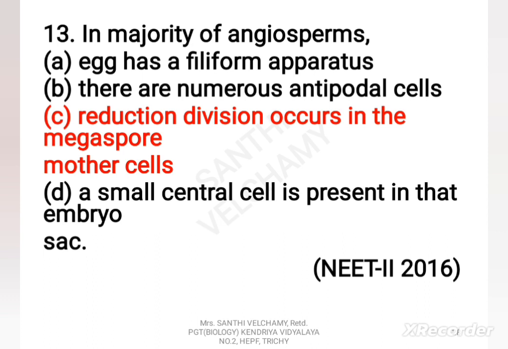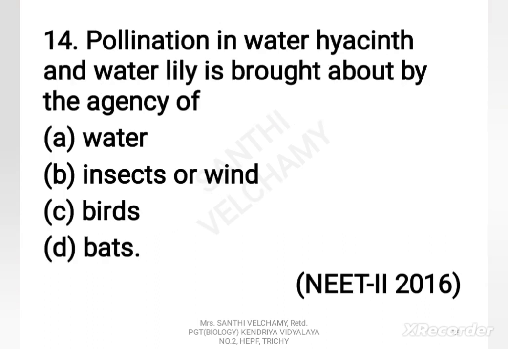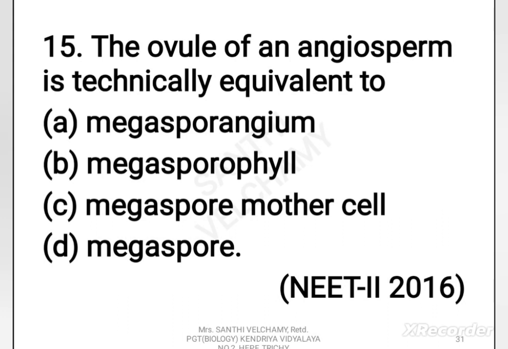So now let us go to the other question, children. The pollination in water hyacinth and water lily is brought about by the agency of A. water, B. insects or wind, C. birds, D. bats. The correct answer is B, insects or wind. Now the 15th question.